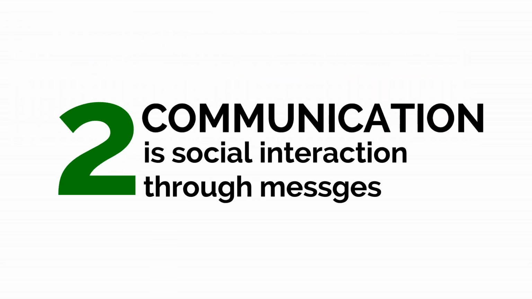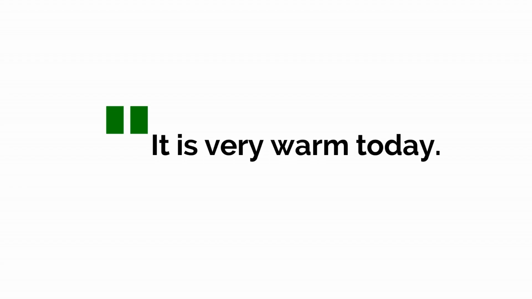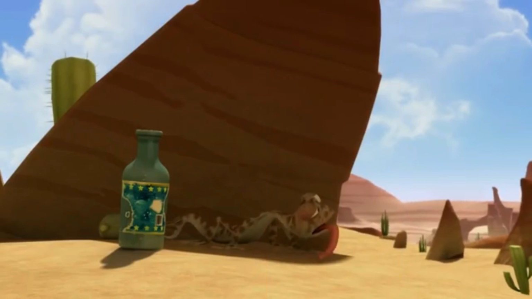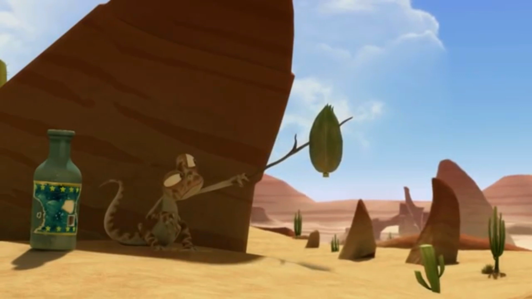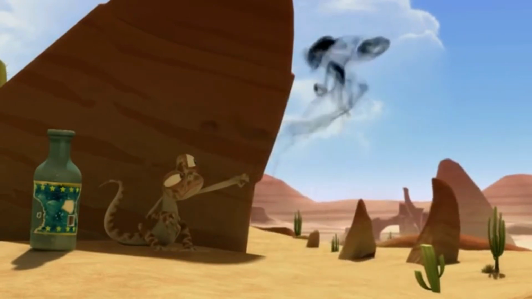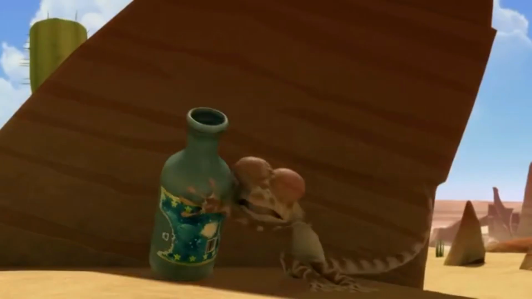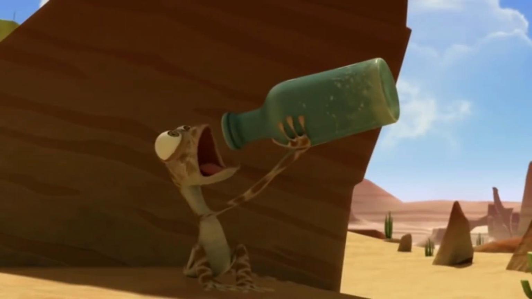Secondly, communication is social interaction through messages. Think of someone telling, "It is very warm today." In this case, we are communicating what we experience. The weather being warm is what we feel or experience physically. In this scenario, we are sharing our feeling or experience with someone else.